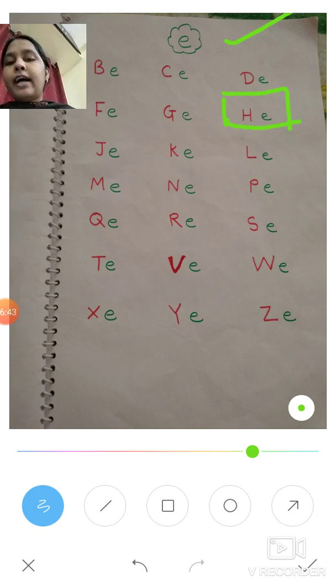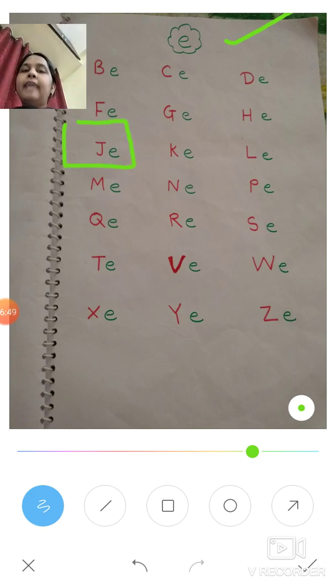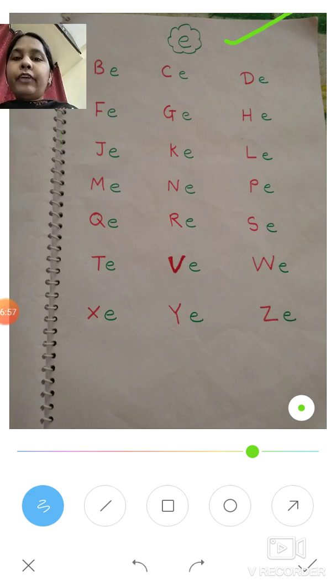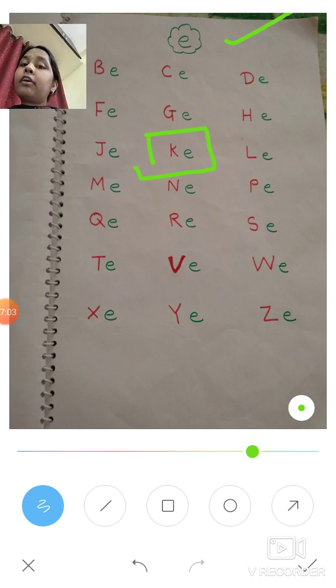Now we revise fast. Okay. Put your finger on this word now and say J. Okay. Now change your frame. Now your frame is this one. Put your finger on K. K stands for K. Now this one.